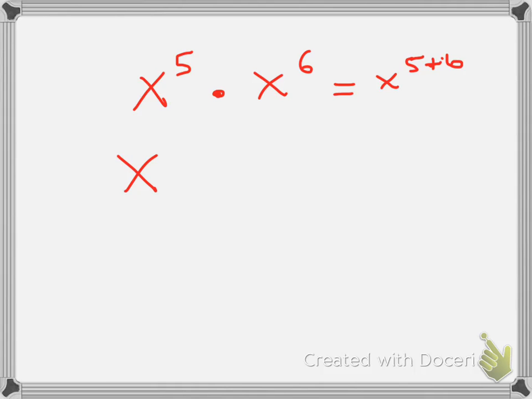When I'm multiplying with a like base like this, what do I do with the exponents? This is multiplying with common bases. We add the exponents. Okay? What happens if I have something like this? Power to a power, we multiply them.